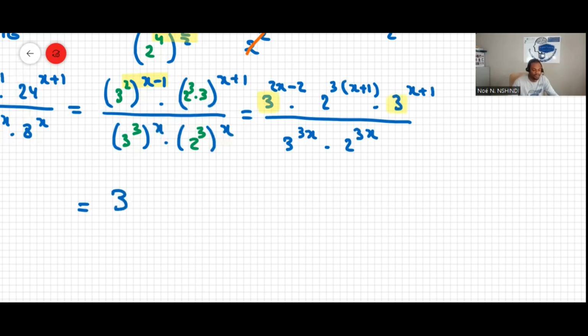and then I'll do 2x minus 2, and then plus x plus 1, and then this one is also another base of 3, but it is at the denominator, so I minus 3x here.